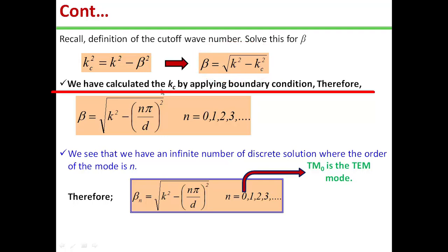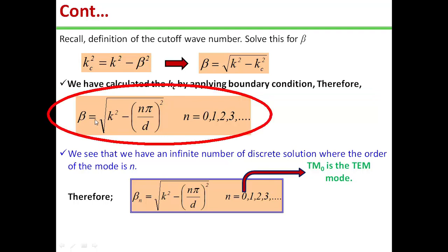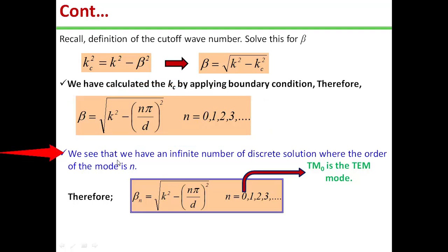And we have already calculated Kc by applying the boundary condition. Then we will have phase constant as square root of k square minus (n pi by d) whole square, where n varies from 0, 1, 2, 3 and so on. We see that we have an infinite number of discrete solutions where the order of modes is n.